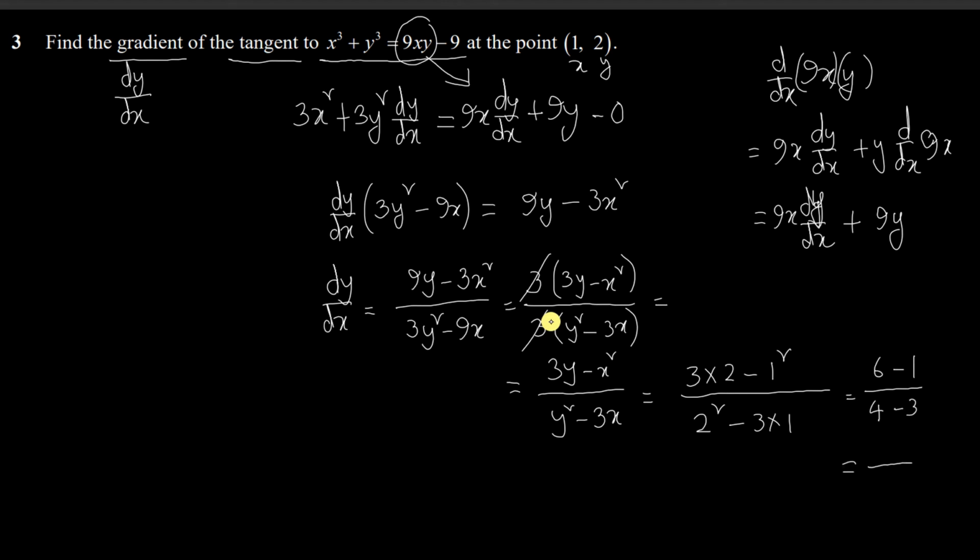On the top we get 5 and below it is 1, so our gradient is 5 from this equation, and this is the gradient of the tangent of that expression. This equation is known as implicit, and we are doing implicit differentiation here.